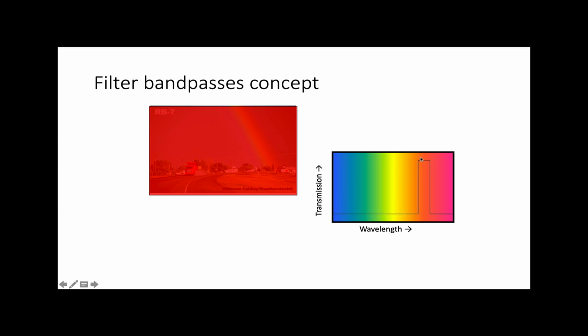When it gets to red, it slams up and abruptly starts allowing through any and all red photons. And then when it gets done with the red, it abruptly turns off and lets none of the magenta through. So that's the idealized version of a filter. And mathematically, this is called a top hat function because it looks like a top hat.